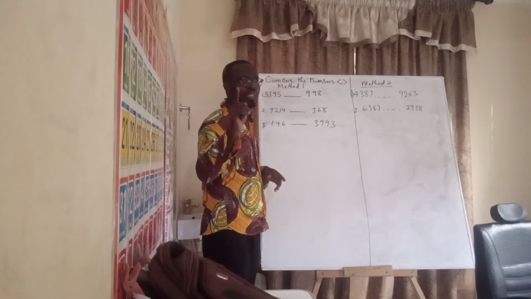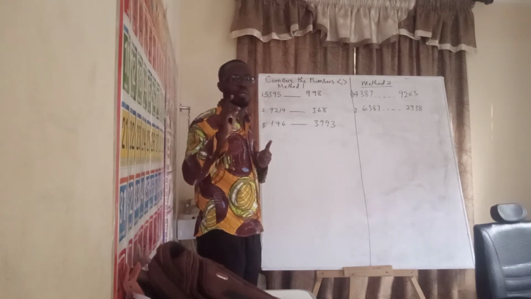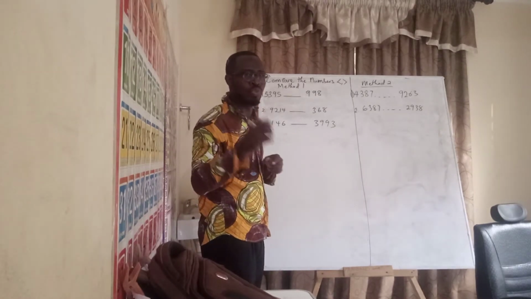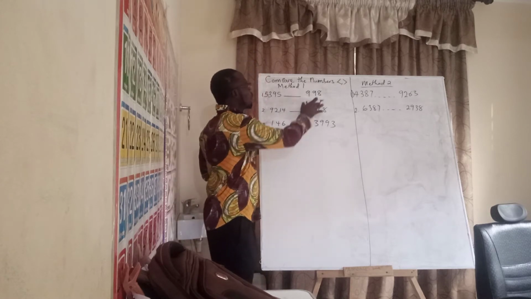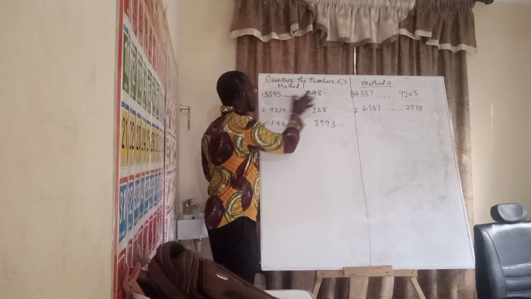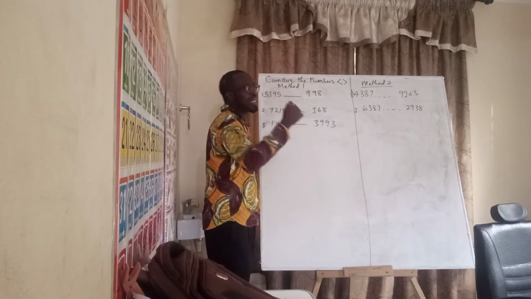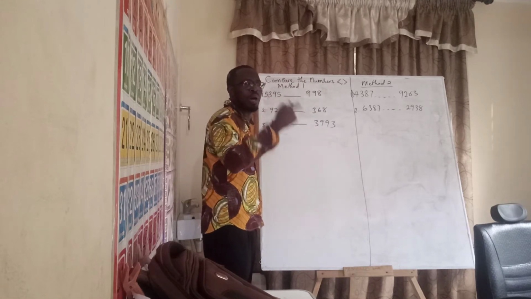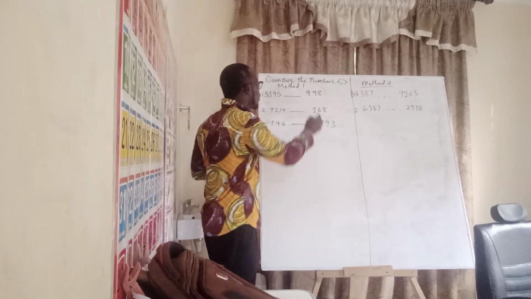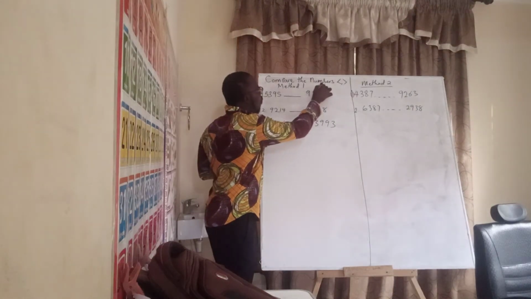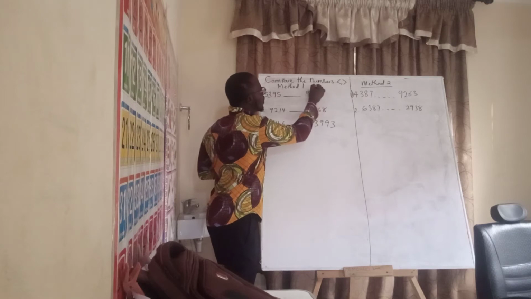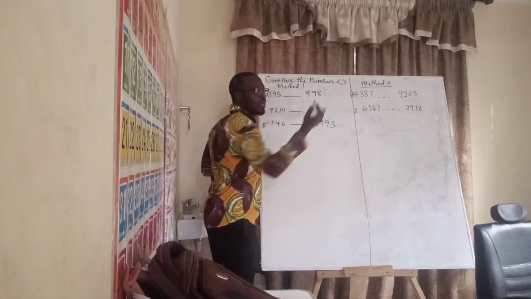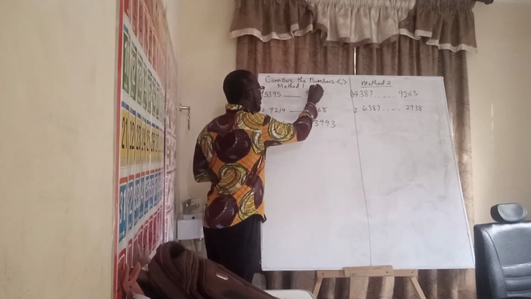So the first method, which I am going to expose you to, is the method of counting. You count these numbers as if we are counting the individual digits. Here we have 1, 2, 3. You can write it in your jotter somewhere, but for your benefit, I want to write it here.